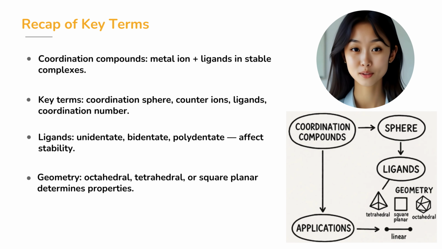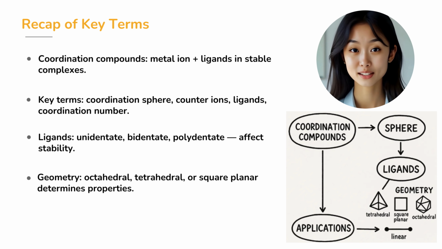So, bachcho, let's quickly recap before the bell rings. Coordination compounds are formed when a central metal bonds with ligands to make stable complexes. We learned terms like coordination sphere, counter ions, ligands, coordination number, and oxidation state, all fundamental for understanding these compounds.